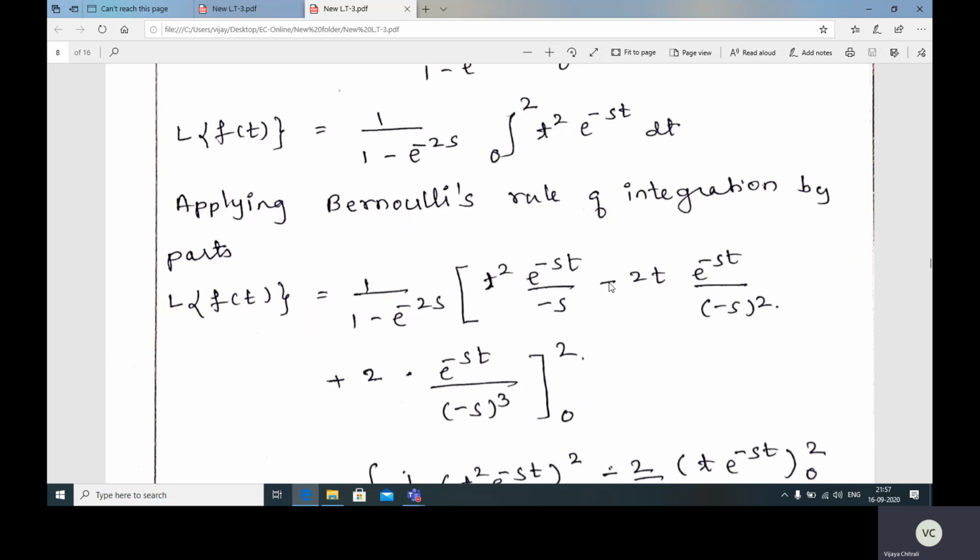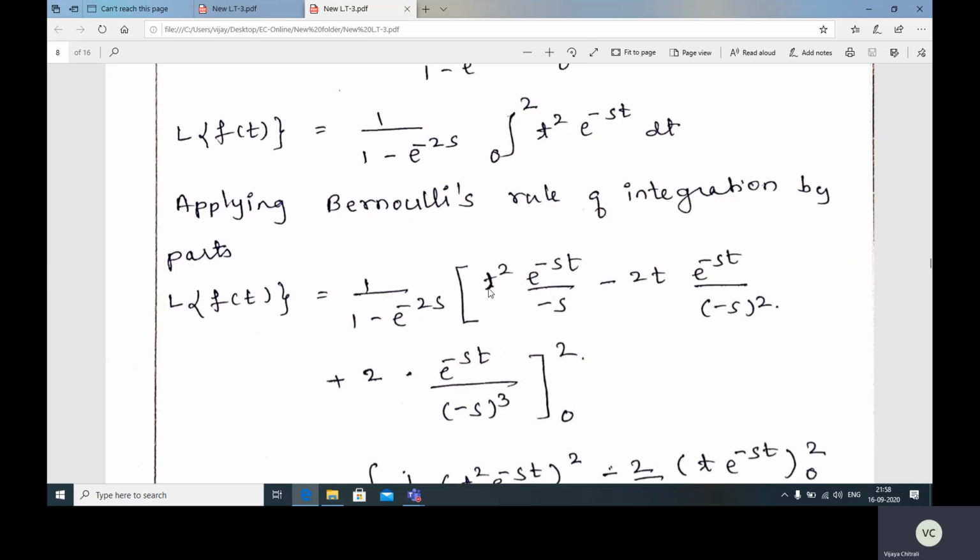Next sign will be minus. Differentiation of t square is 2t, and the integration of e raised to minus st divided by minus s is e raised to minus st divided by minus s raised to 2. This is plus and this is minus, so the next term will be plus, right?